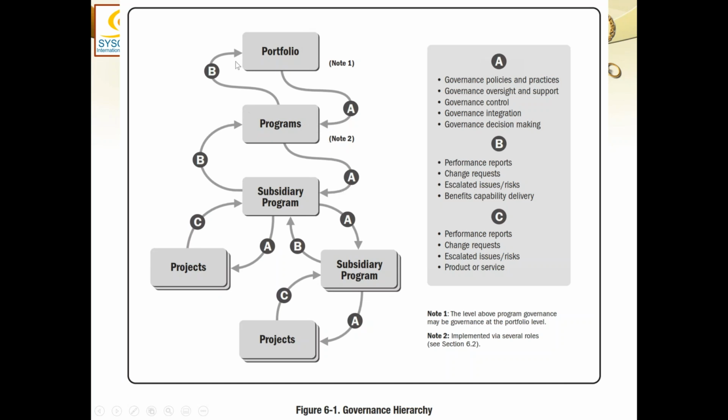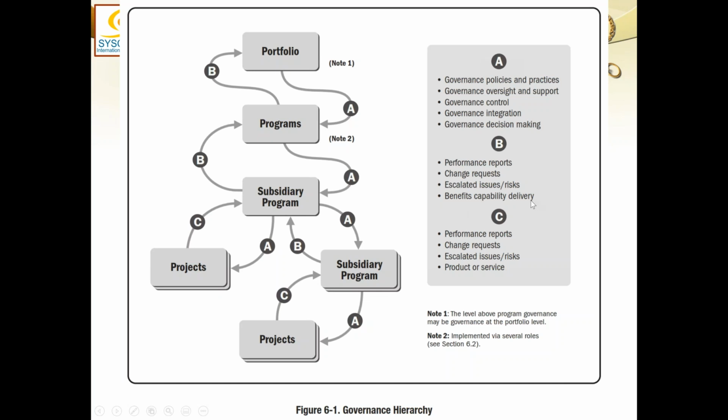And what is going back from a level, from program to the portfolio, or from subsidiary program to the program, these are the performance reports, change requests, escalated issues and risks. I just mentioned how the escalations are done. And benefit capability delivery.